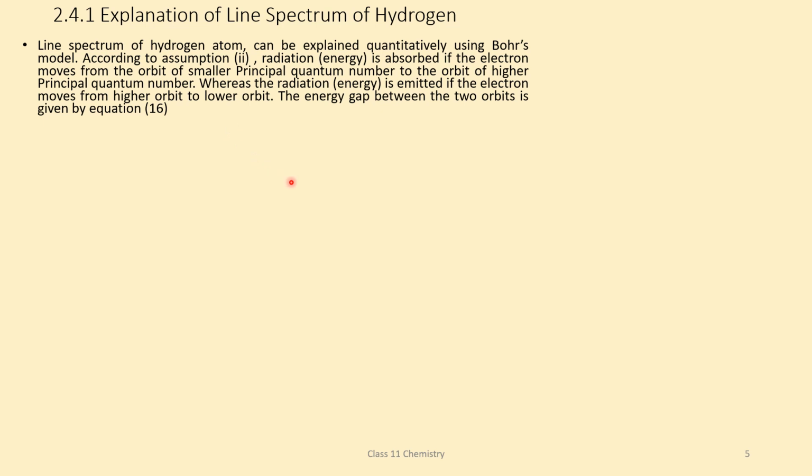The energy gap between the two orbits is given by the expression delta E is equal to E f minus E i. Let it be equation 16.